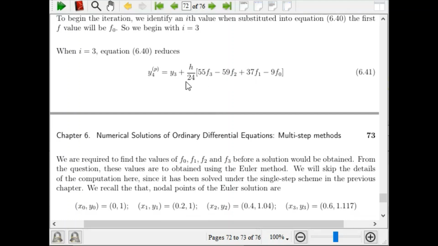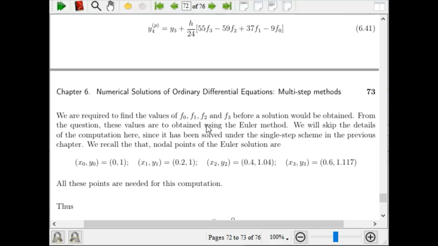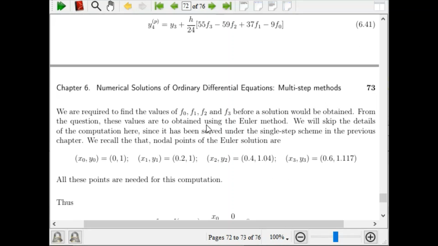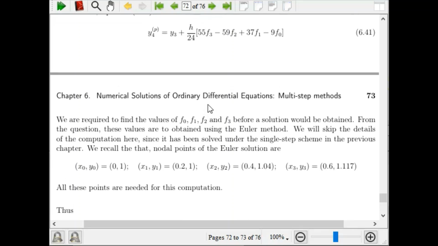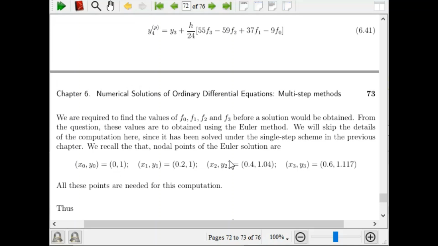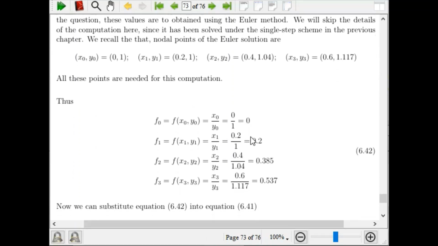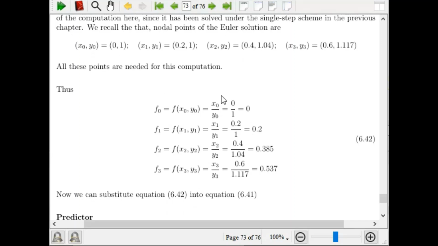So that is what is happening here. We are starting straight with y4. I already know the solution for the Euler, so I will not worry myself. You can visit the previous lecture and see, or you can compute them here again. But this is my Euler solution. So I need f0, f1, f2, f3, and that is what you see here. You see this over that because of the given function.